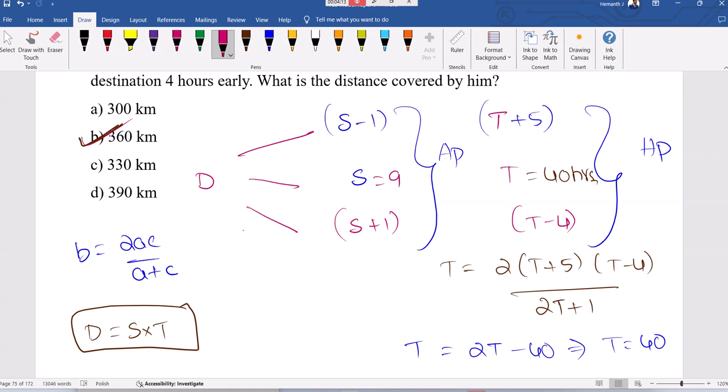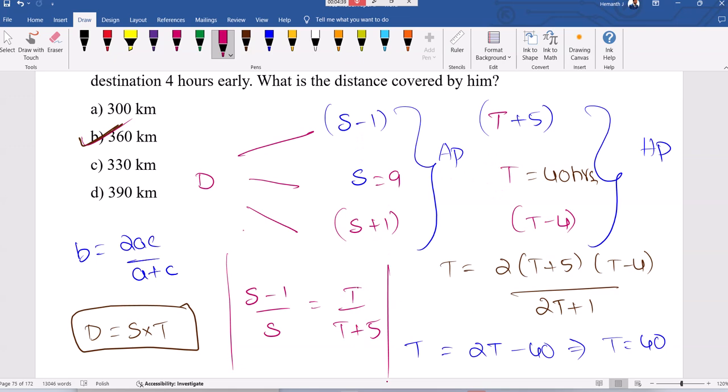I got the timing actually. Then I can calculate the speed. So how can you calculate speed? Speed can be taken as inversely proportional. Take two of these: S minus 1 divided by S is inversely proportional to T divided by T plus 5.